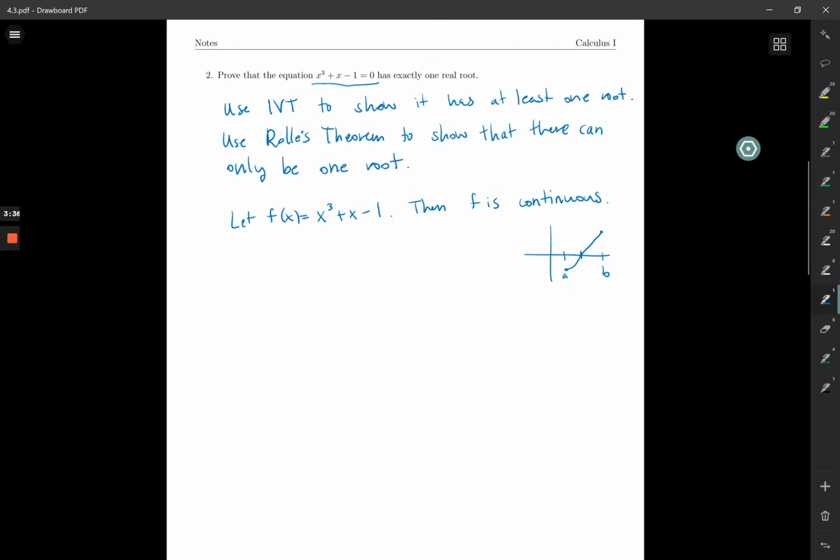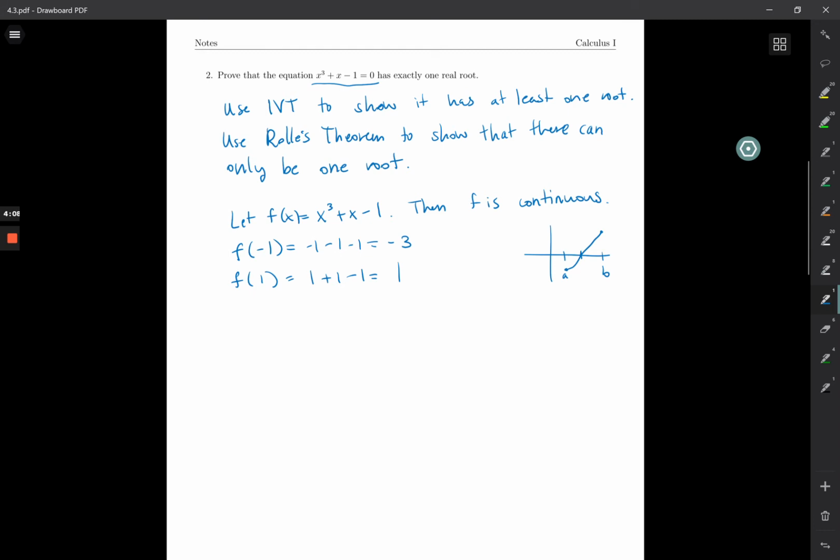Okay, so what we can do is try minus 1. That will give us negative 1 minus 1 minus 1, so this is negative 3, which is less than 0. And if we plug in 1, we'll get 1 plus 1 minus 1, so this is 1.